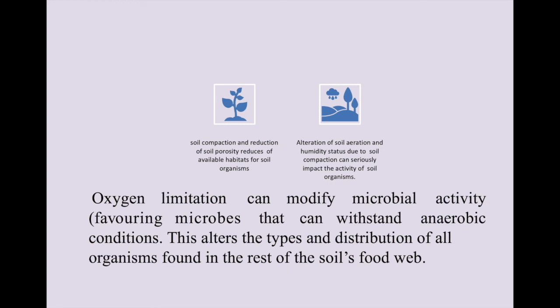To add, oxygen limitation can also modify microbial activity, favoring microbes that can withstand anaerobic conditions. This alters the type and distribution of all microorganisms found in the rest of the soil's food web.